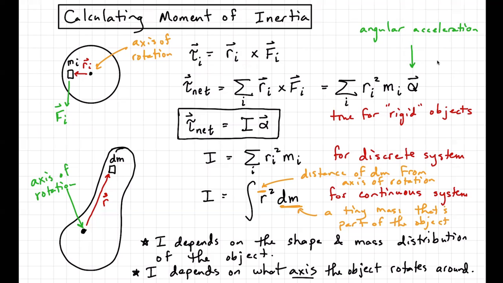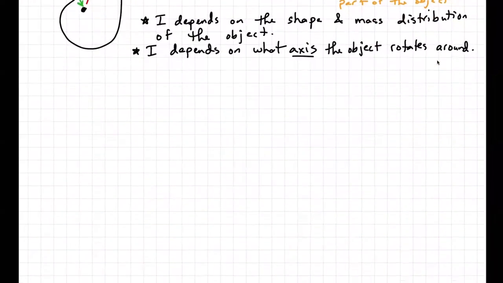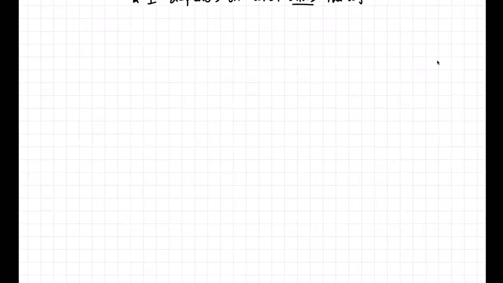So I want to do a couple of example problems. I'm going to scroll down here. So our first example: let's say I've got a rod. It's a one-dimensional rod. We've seen rods like this before.